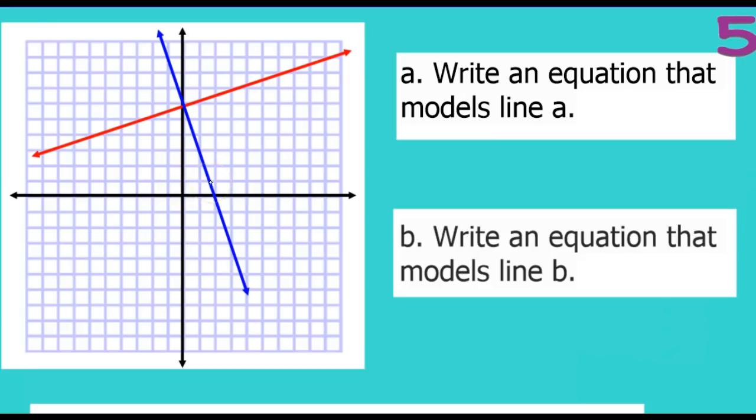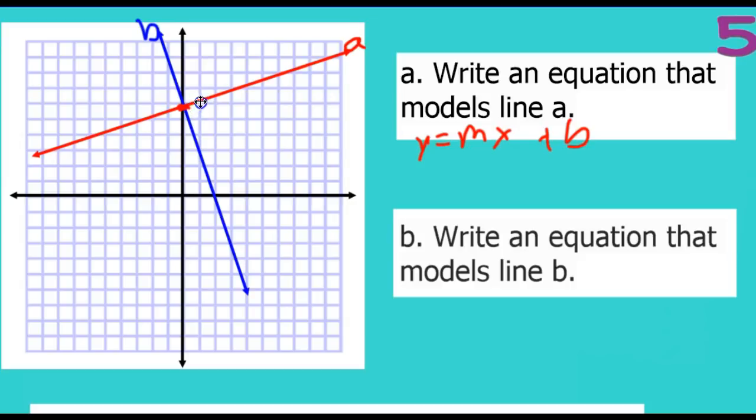Finally, our last one, it says, write an equation that models line A. The red one will be line A, and our blue one will be line B. So write an equation that models line A. Well, we need to find out our slope. So we're looking for y equals mx plus b. I'm going to start here. This looks like a good point.